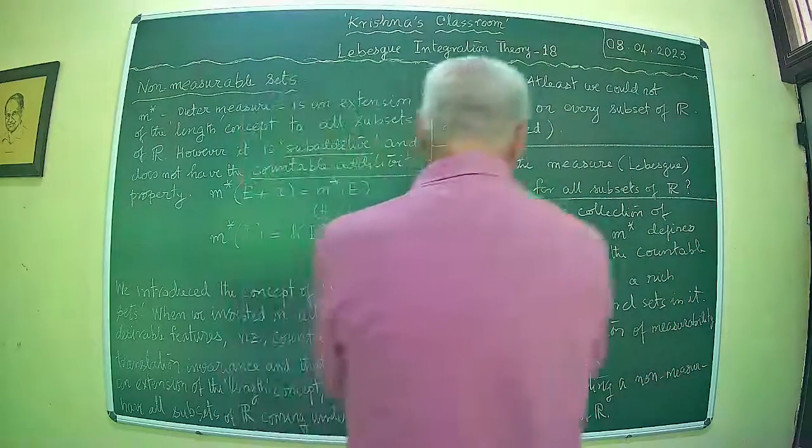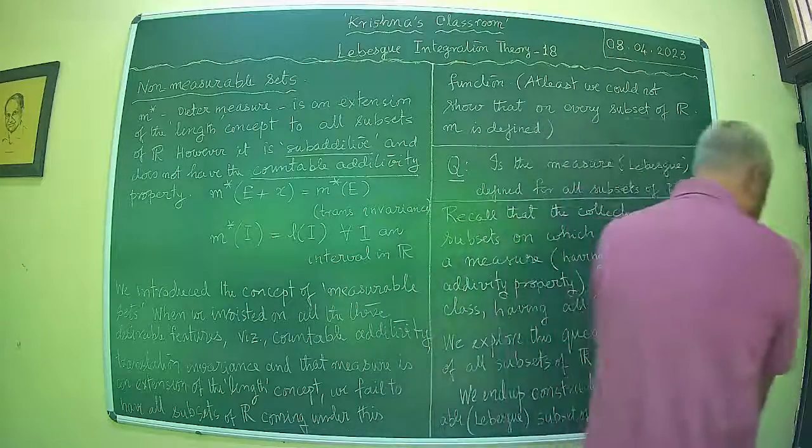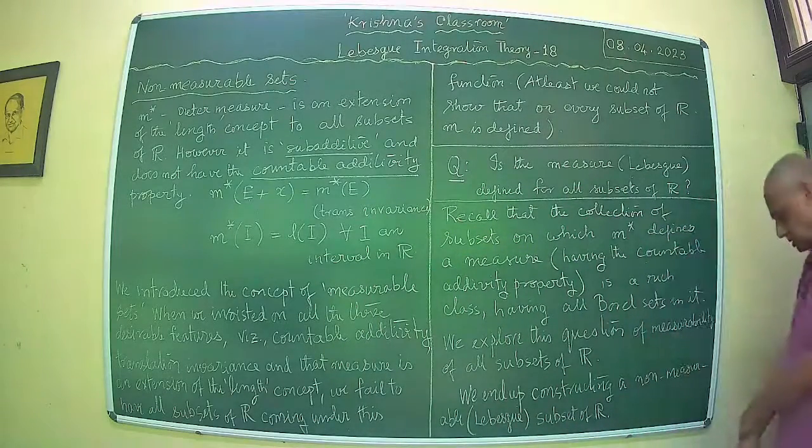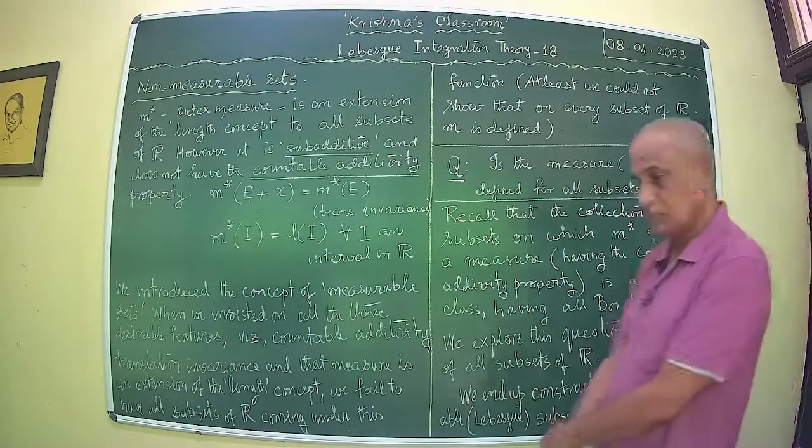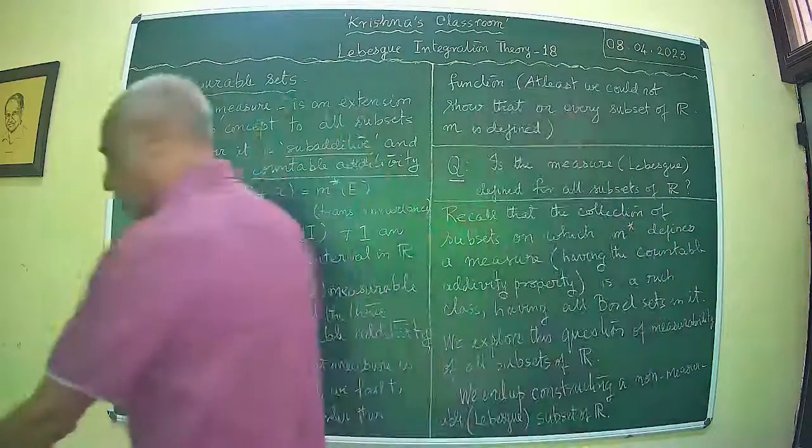Recall that all sets of measure 0, or outer measure 0, are measurable.